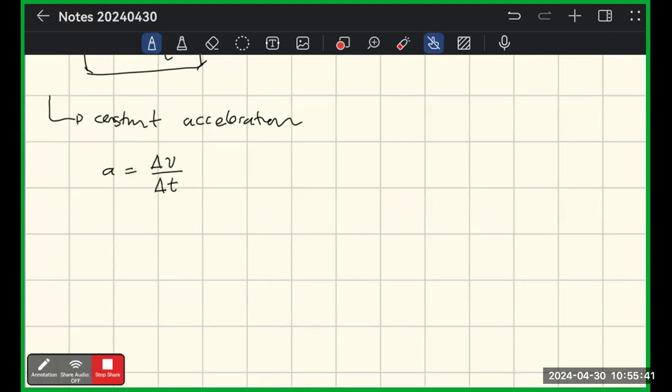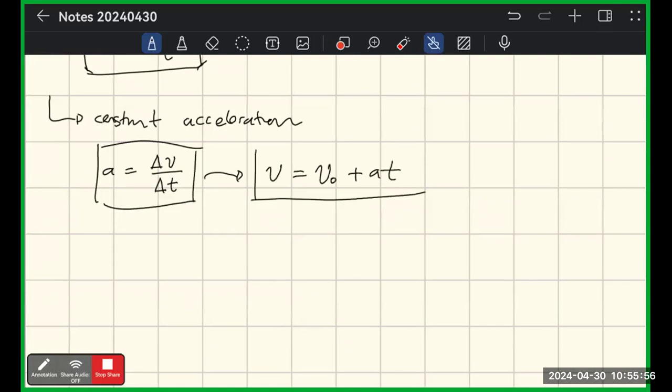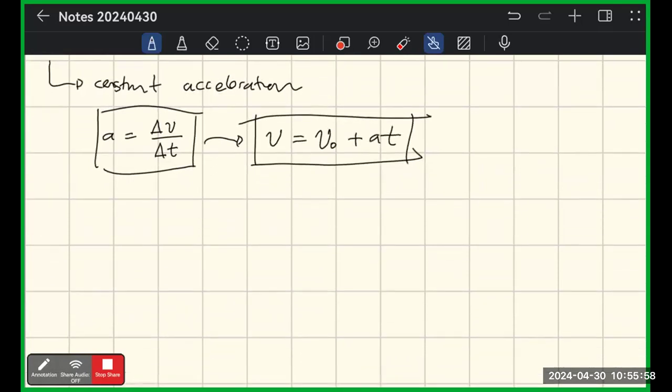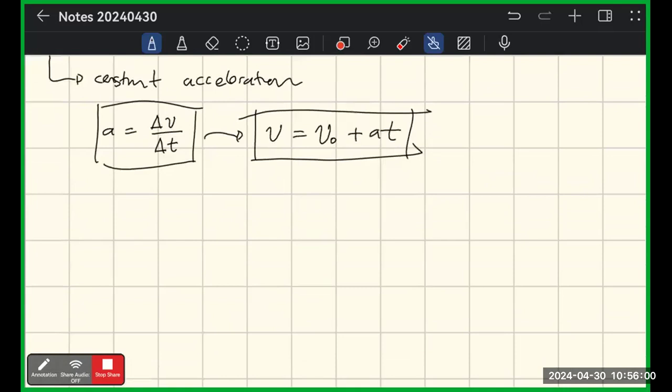The delta v is the difference in the initial and final velocity, or we can also write this down as v equals the initial velocity plus the acceleration times the time, and we also have that the displacement is equal to the initial speed times the time plus half of at squared.